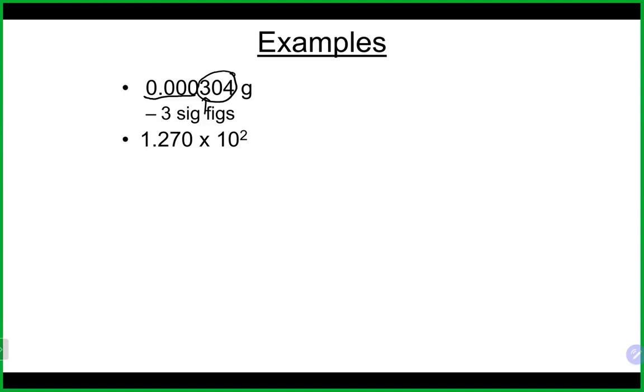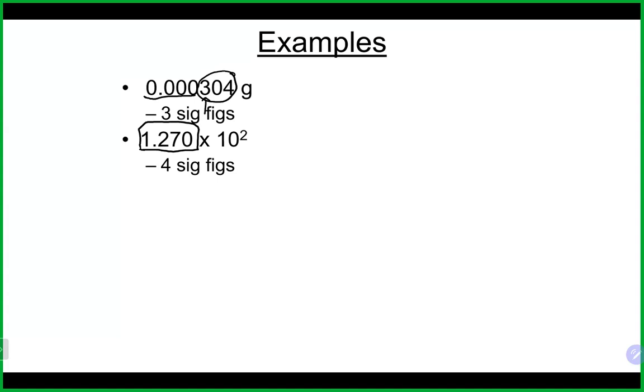This number does have 4, yes, and this is scientific notation. So once again, all those are going to be significant, and it would have 4 significant figures. That's also important for scientific notation, because sometimes when people do a calculation, or they're asked how many significant figures a number has, a lot of times what people will do is take the number out of scientific notation and then give an answer, and sometimes they give the wrong answer.